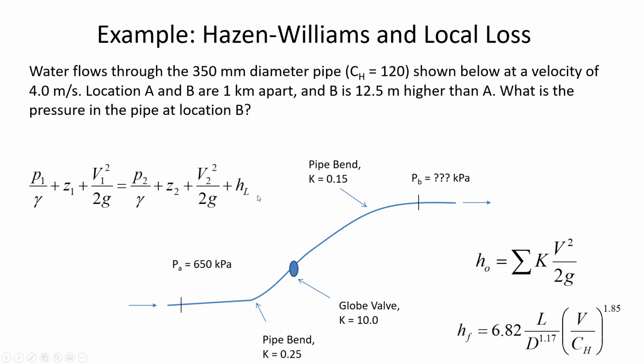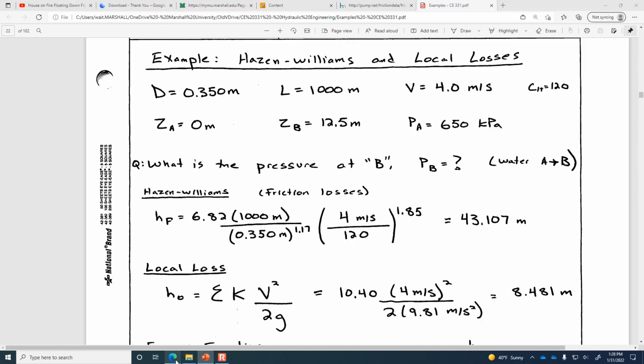energy equation. And when we do that, for a 1,000 meter length pipe, Hazen-Williams equation predicts that there would be 43 meters of head loss due to the pipe friction.